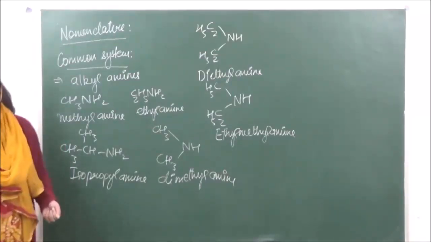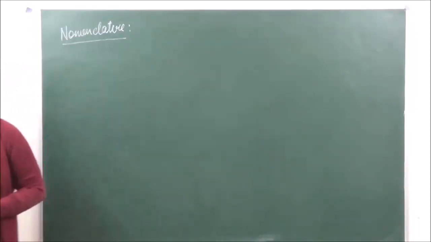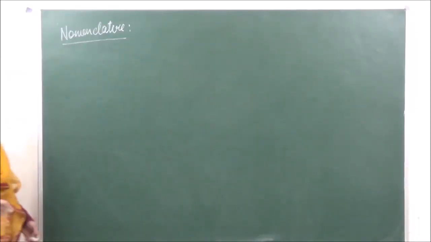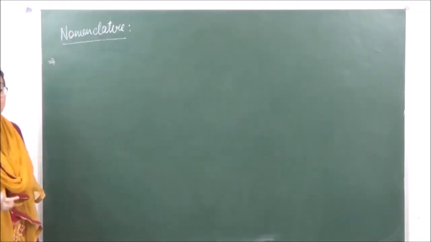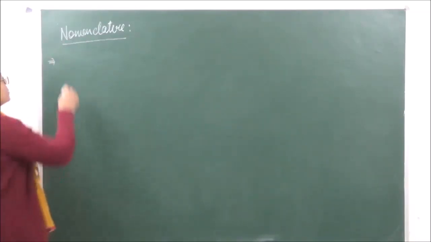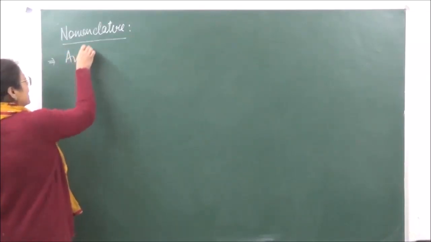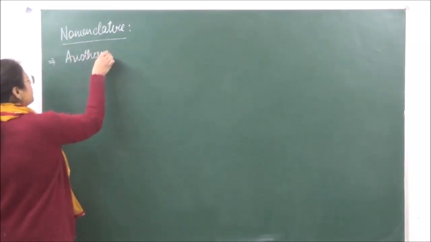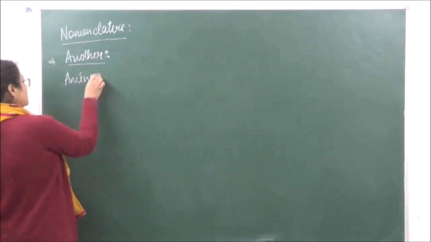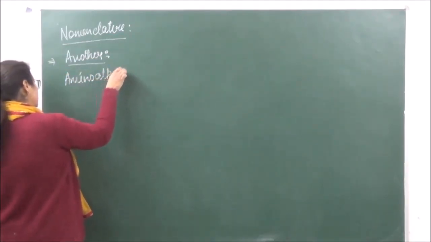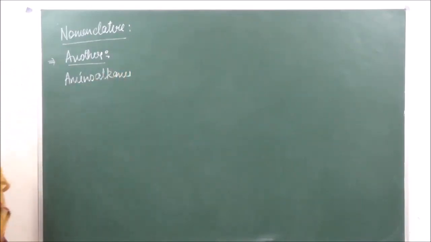Then we go on to another system over here. All right. So when we are taking another system, in that system we name it as aminoalkane, right? So in another system of nomenclature, these can also be named as aminoalkanes.